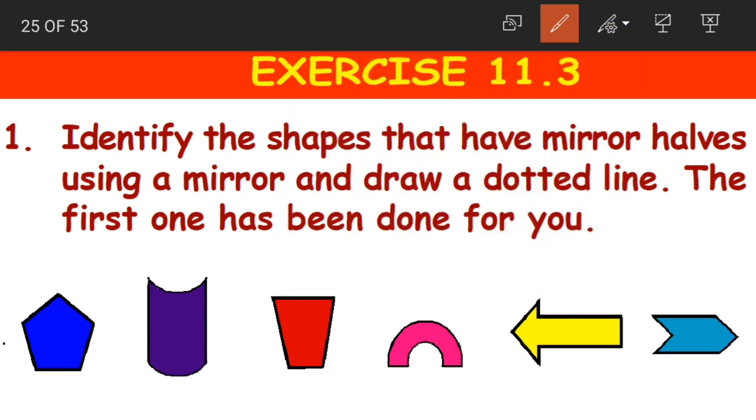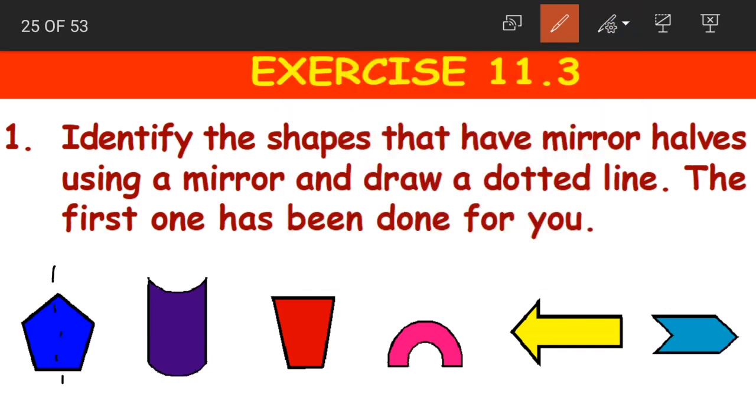Now if I draw the line of symmetry here, will this object be symmetrical, children? No. See, below we are having a U shape and above we are having a triangle shape. So this is not the line of symmetry.